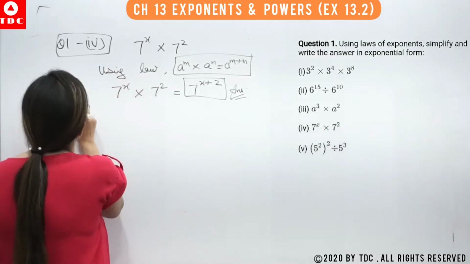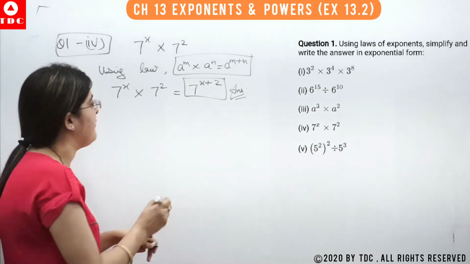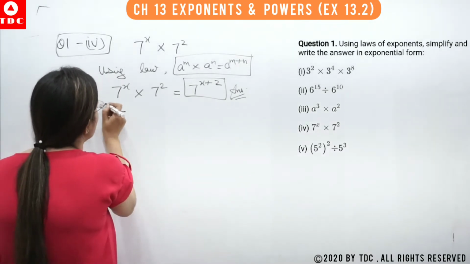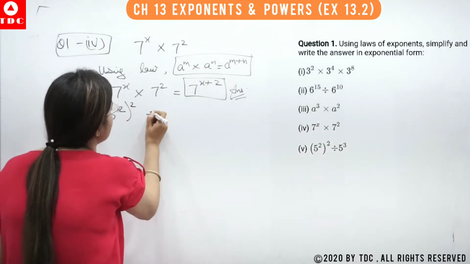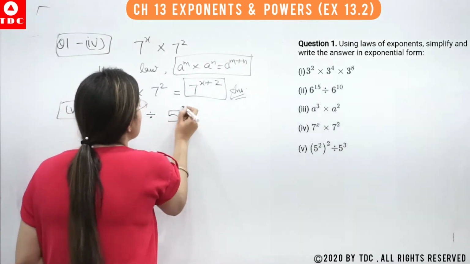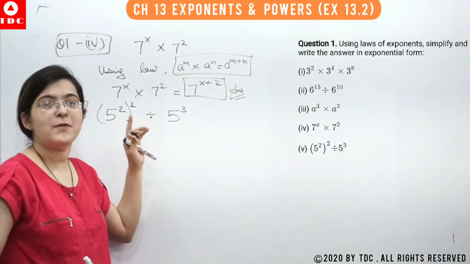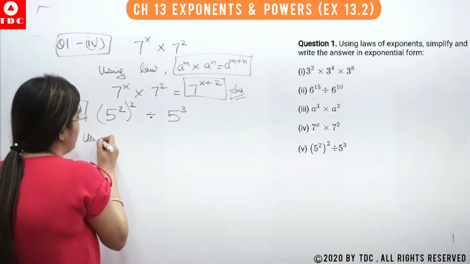Now see the fifth part. What is your fifth part given? 5 to the power 2, and to its power there is 2, divided by 5 to the power 3. So students, first in this what will we use? First we will use the third law.